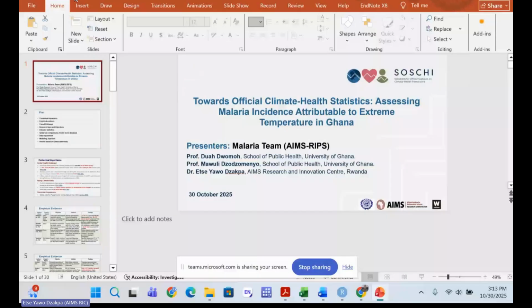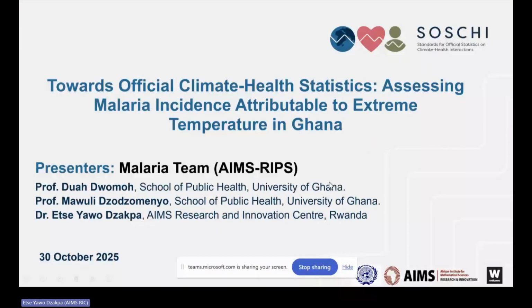So for today, we will be discussing some statistics around climate and health. We know that currently climate is affecting health. We'll be talking about climate and health statistics, and mainly we are going to talk about assessing malaria incidence attributable to extreme temperature in Ghana.